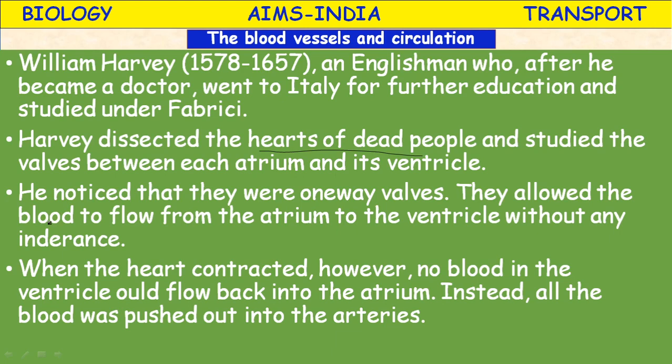So one thing you have to remember: the blood vessels which bring blood to the heart are called veins, and the blood vessels which carry blood away from the heart are called arteries. The blood flows from atrium to ventricle, upper chamber to lower chamber, but not from ventricles to auricles.